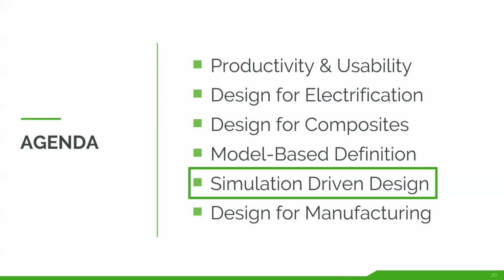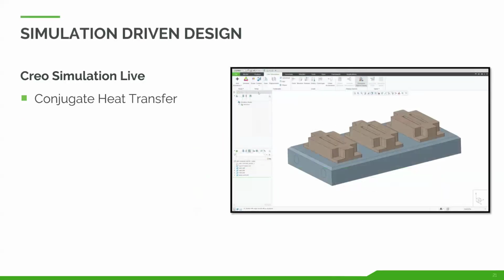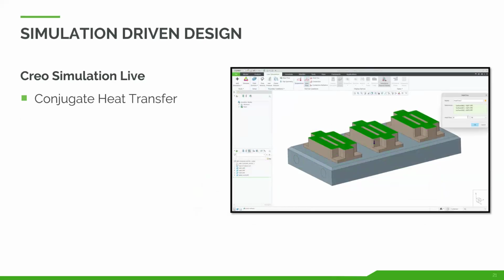Okay, cool. Then let's go into discussing some of the enhancements to simulations, simulation-driven design, and the different tools that we have inside of Creo. Let's start with Creo Simulation Live. The main enhancement is we've added the ability to do conjugate heat transfer.